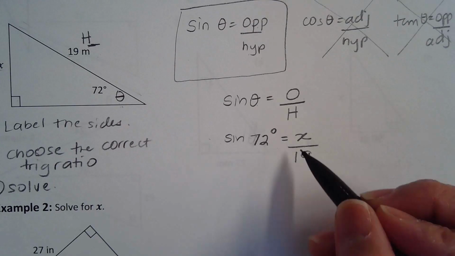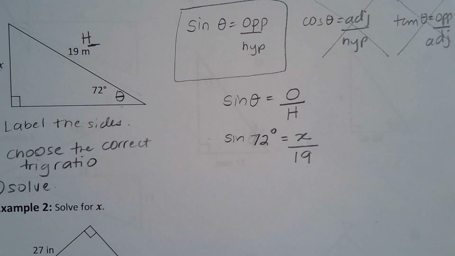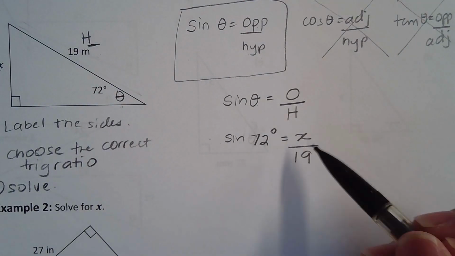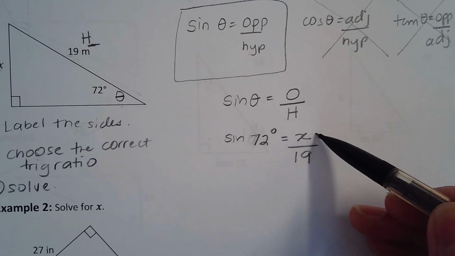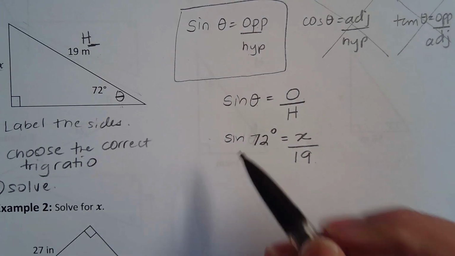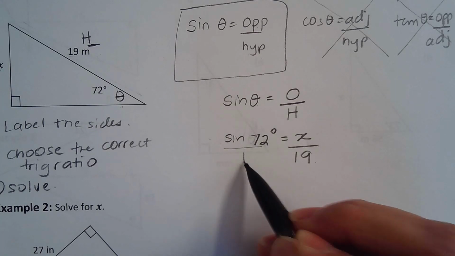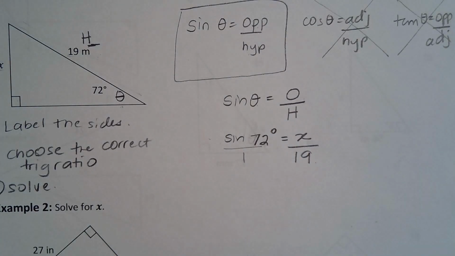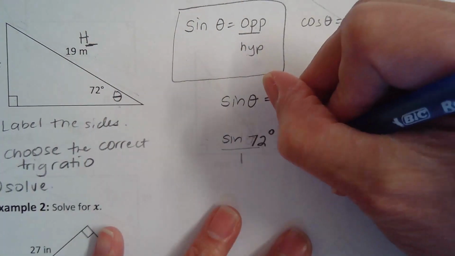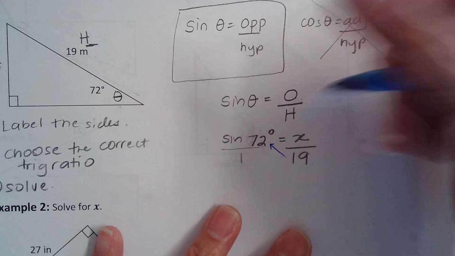Now we're trying to solve for x. How do we solve for x? What's happening to the x is x divided by 19. Do you remember we talked about cross multiplying before? So we're going to cross multiply to solve for x.